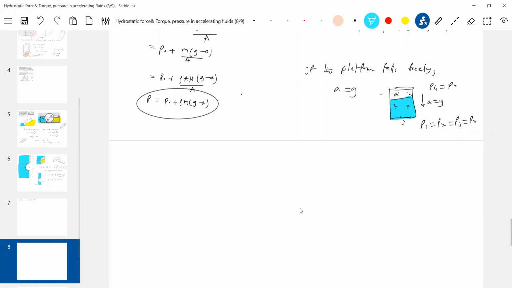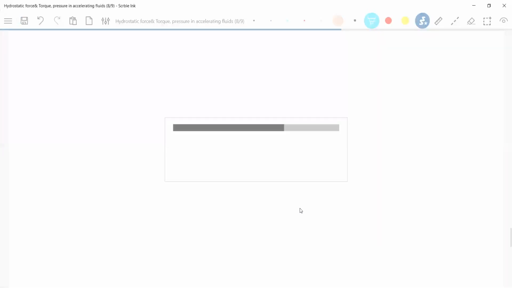We can do better. Let's go for when a container accelerates horizontally. Is it still static liquid? Yes, we are not discussing liquid that is flowing. If the liquid flows, it becomes dynamic.